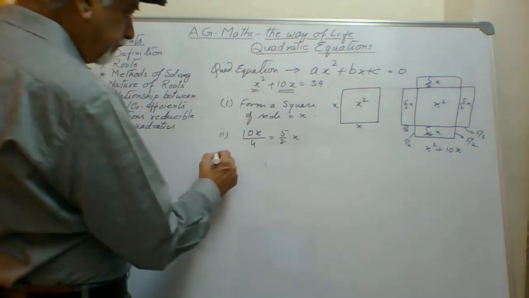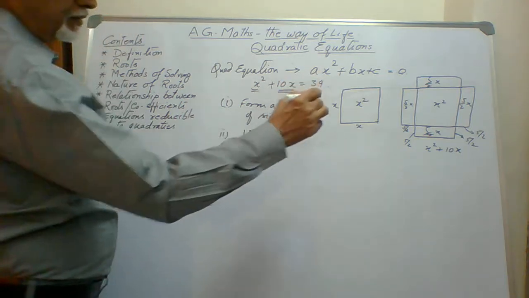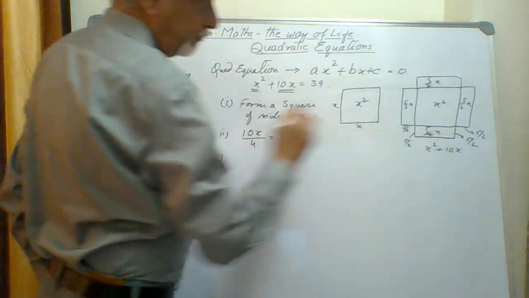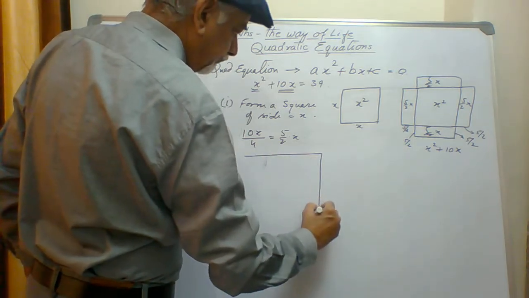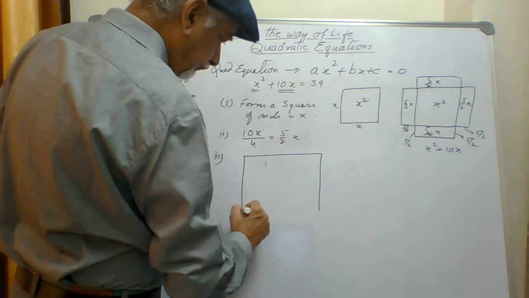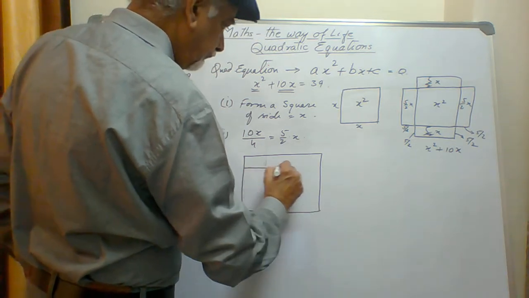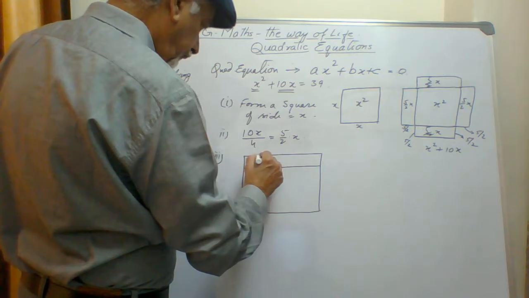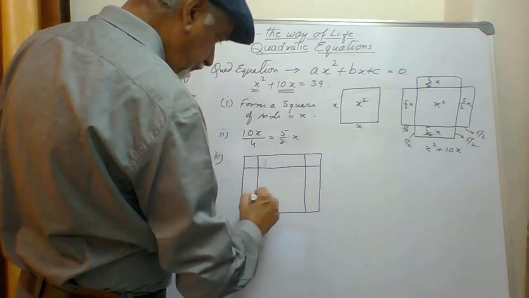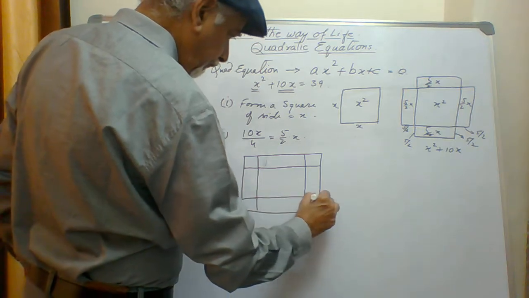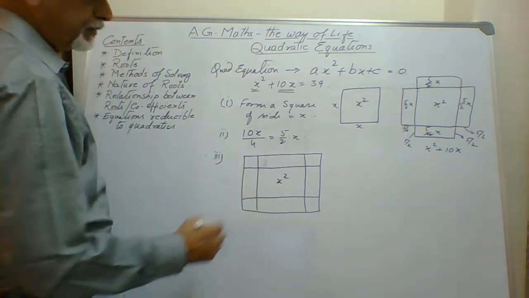Now, third step, what did they say? You complete this square. This is not a full square. So now I will complete the whole square like this. Now this is the whole square which has the center part as x square.